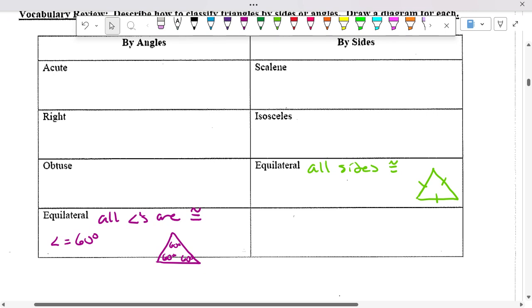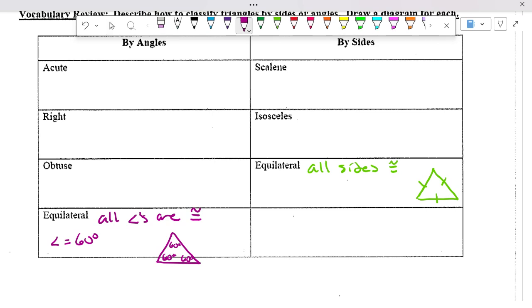Does anyone remember what an isosceles triangle is? What's true about the sides and angles of an isosceles? So equilateral's 3 sides are congruent. Isosceles would be what? 2 sides congruent. All right.